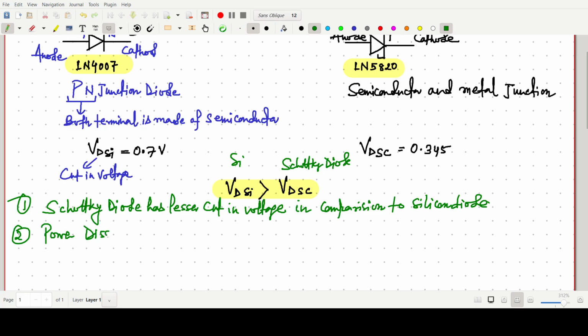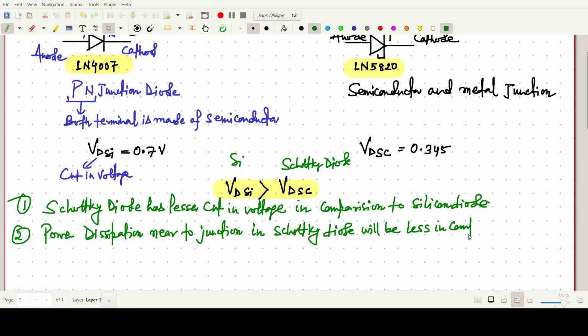Power dissipation near the junction in the Schottky diode will be less in comparison to the silicon diode.